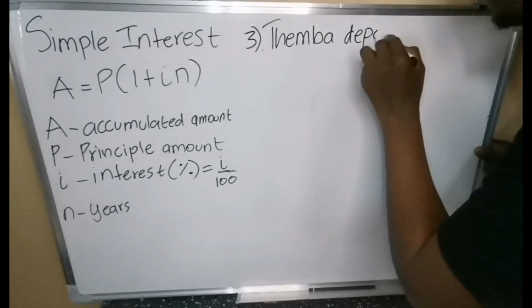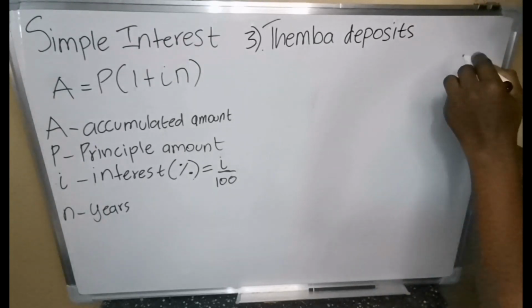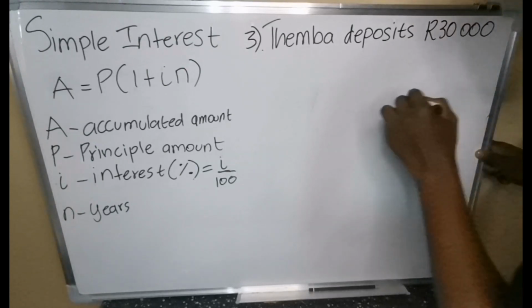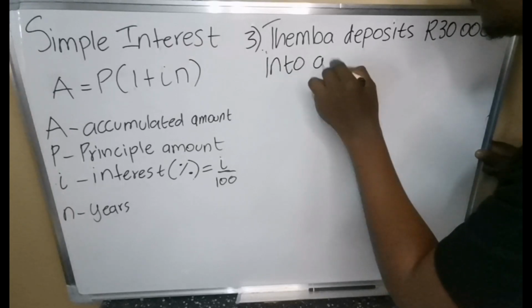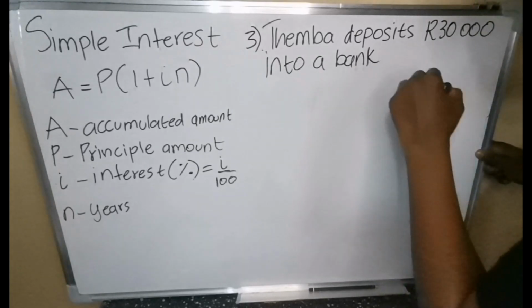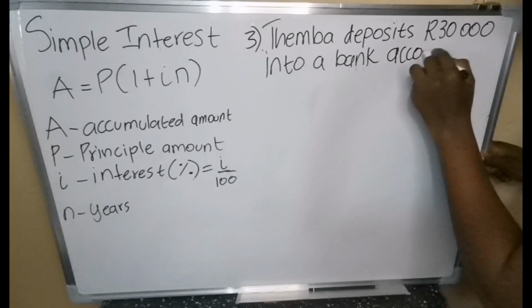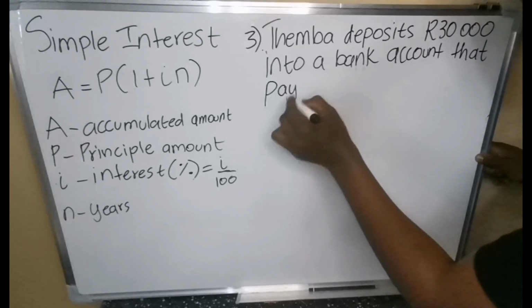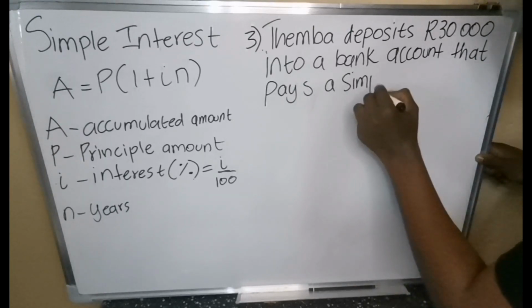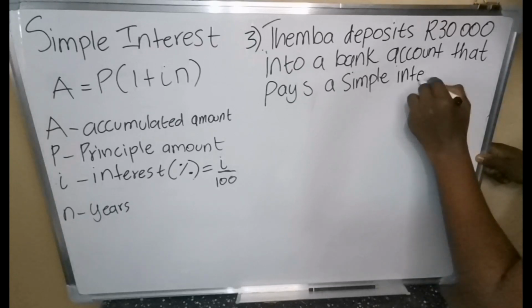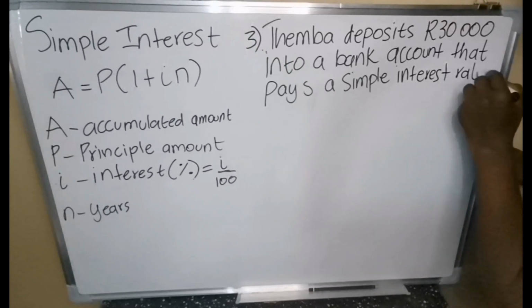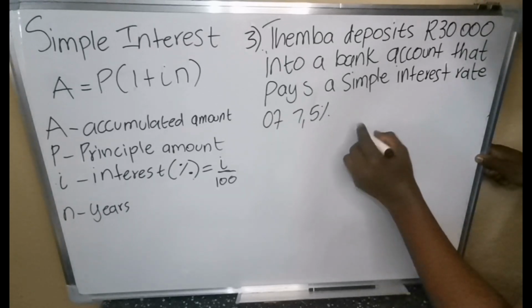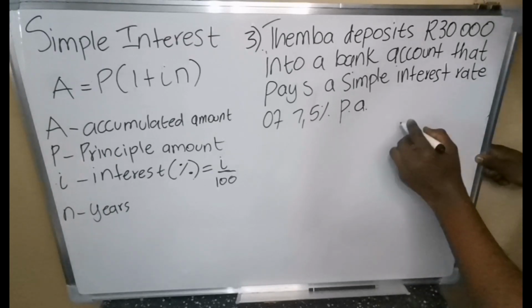Themba deposits 30,000 rand into a bank account that pays a simple interest rate of 7.5% per annum.